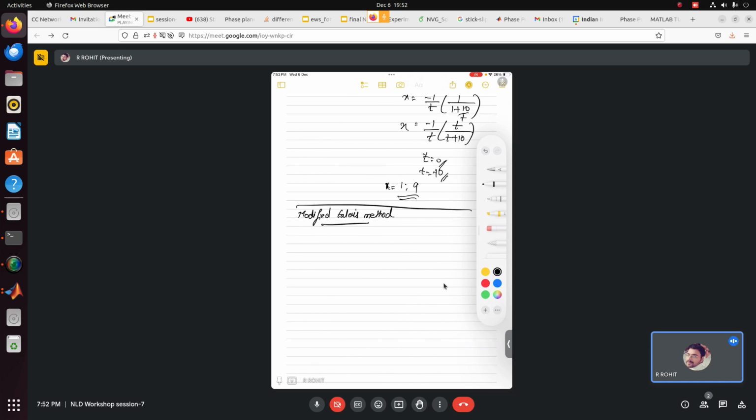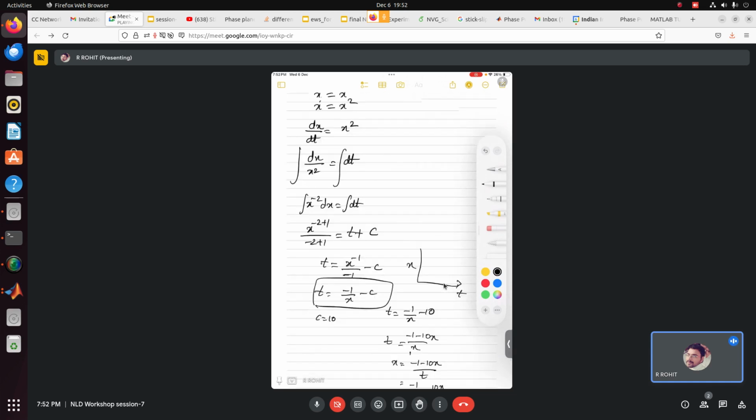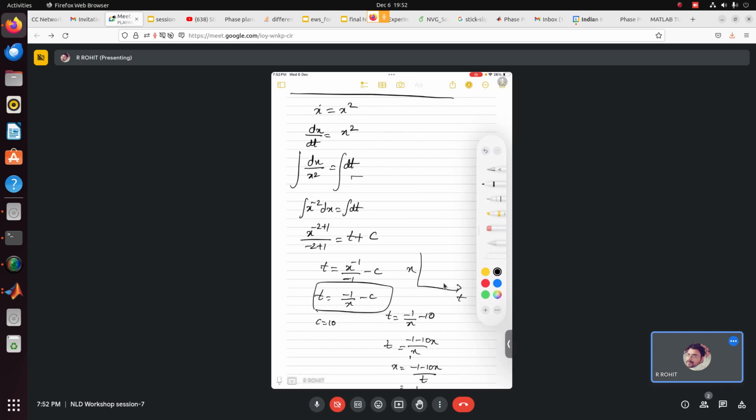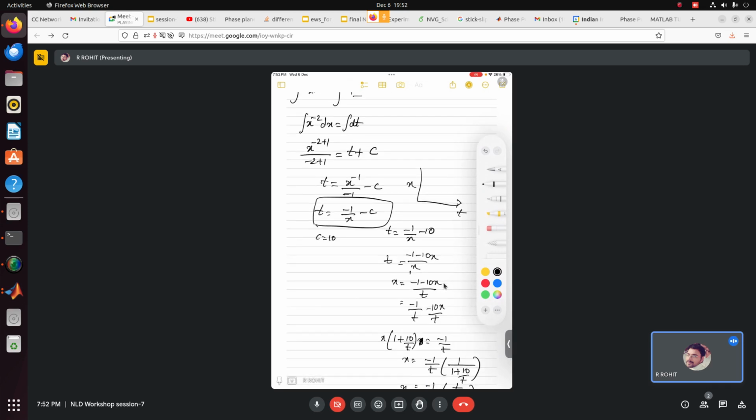You can take any analytical equation and you can try this out for a simple equation, and you can do the remaining steps.